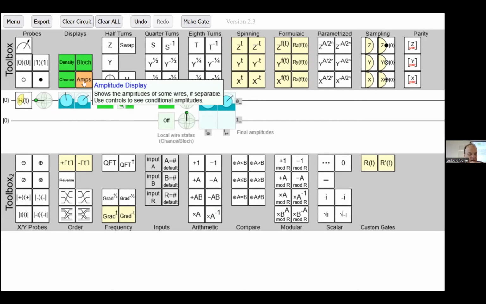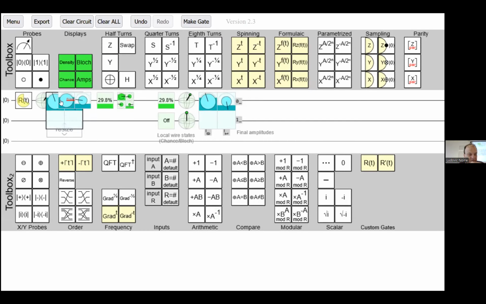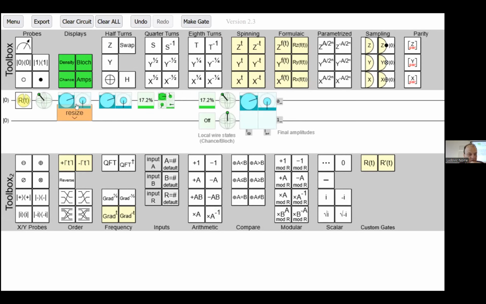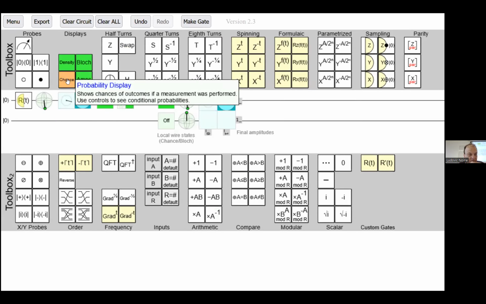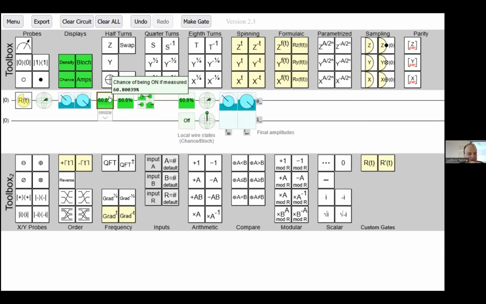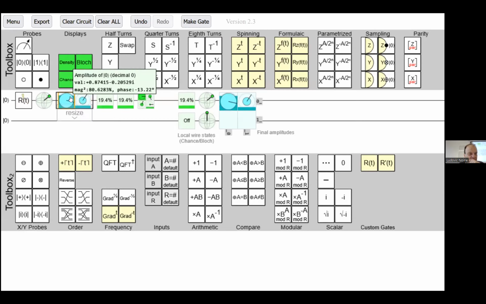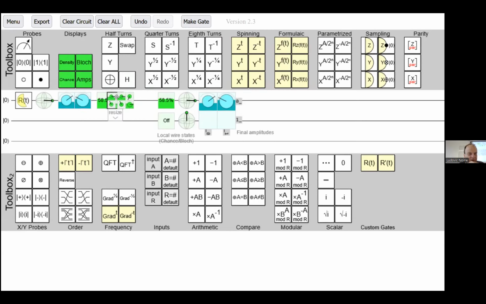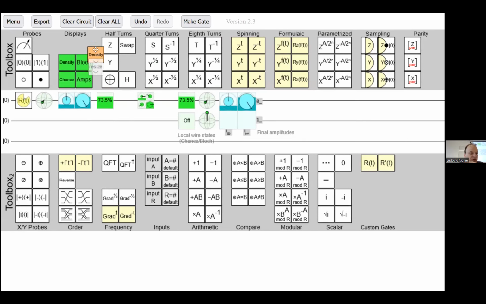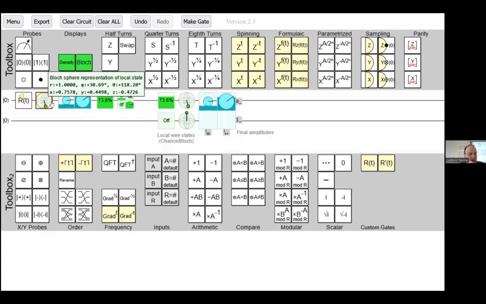Then you have the amplitude representation, which on one qubit looks like this. Then you have the probability of what you can measure on the qubit. And finally, you have the density matrix, but I will not speak too much about it today.